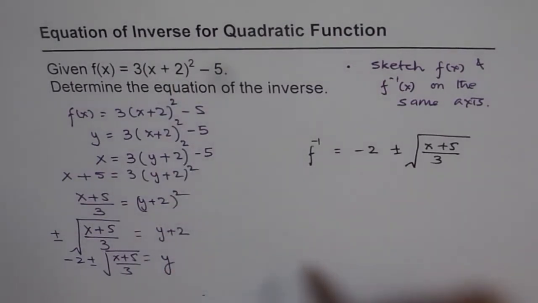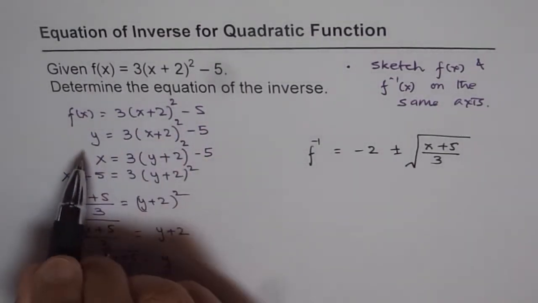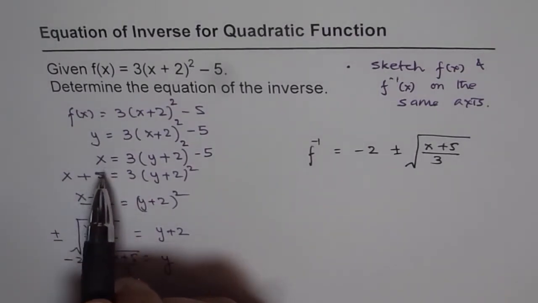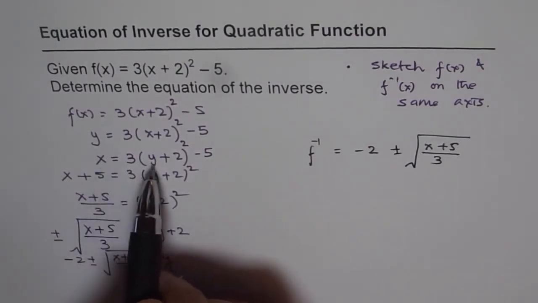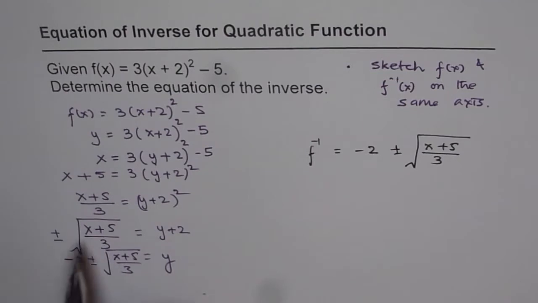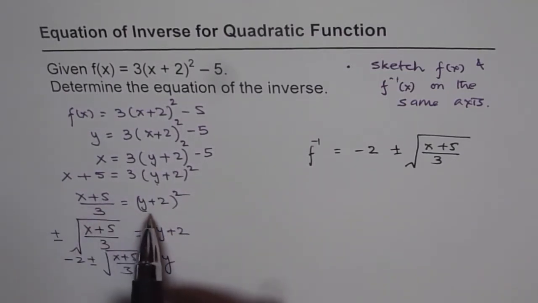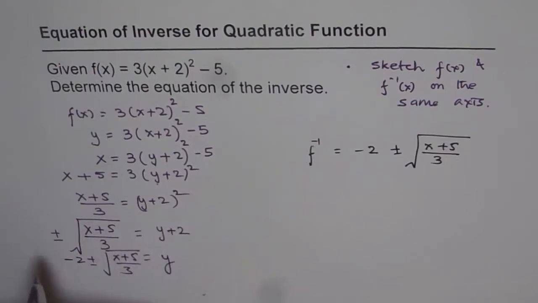Let's go through these steps once again. So step number 1 is write y for f of x, right? Second step is interchange x and y. Third step is, thereafter, solve for y. Remember, when you do square root, don't forget to do plus and minus.